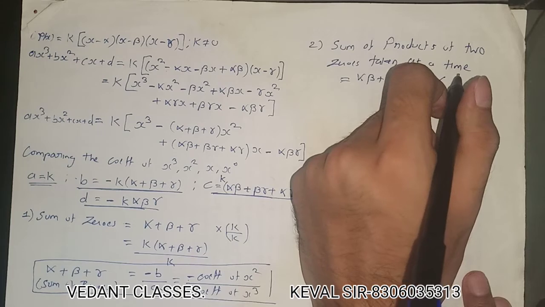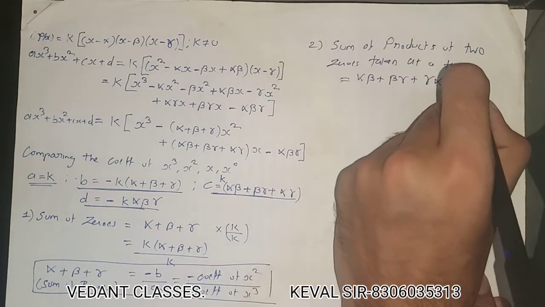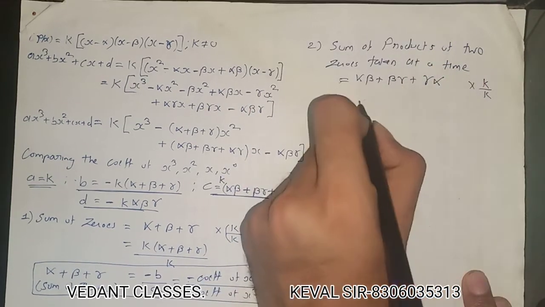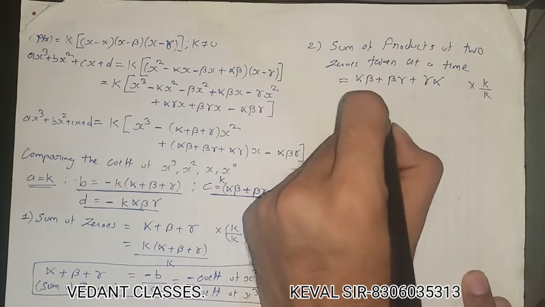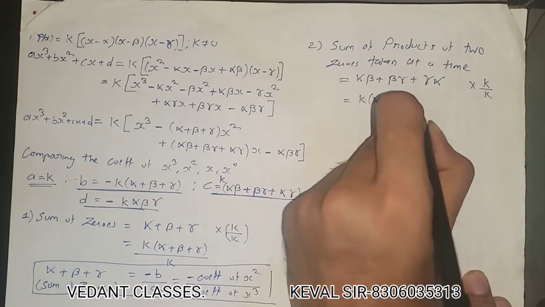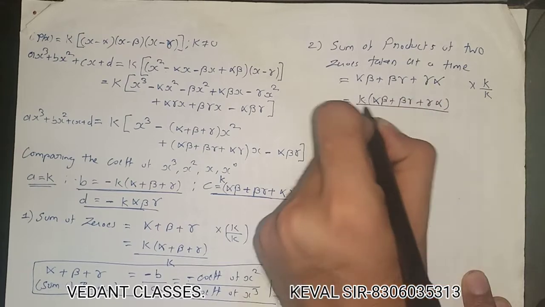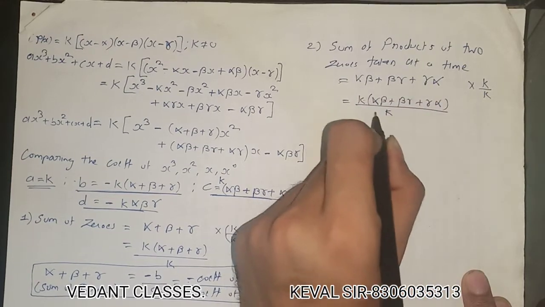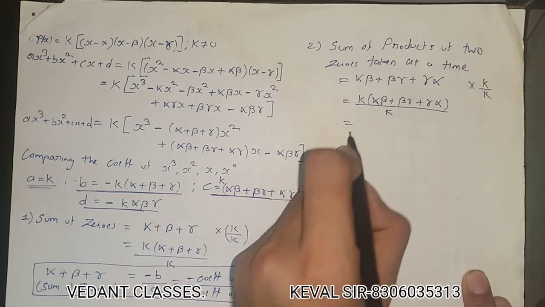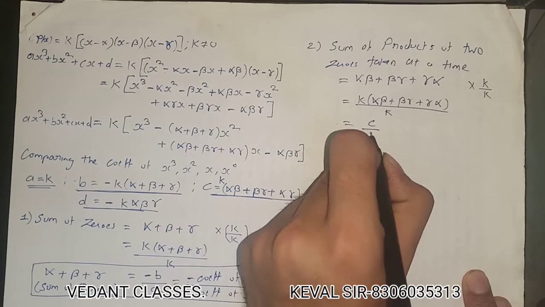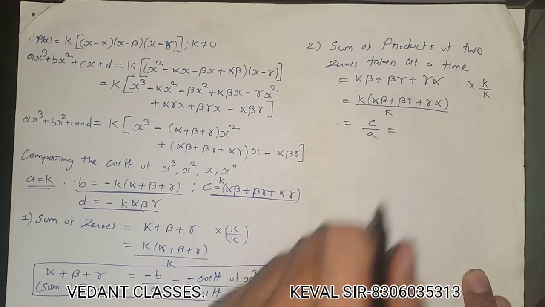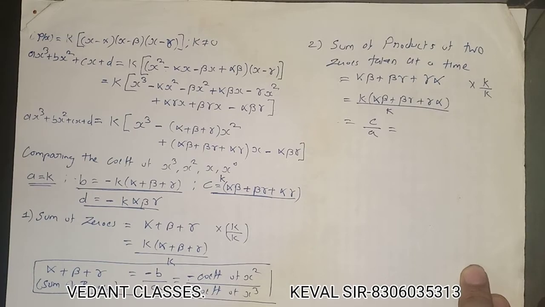What you need to do is multiply it with k again. If you multiply it with k, it will be k into alpha beta, beta gamma, gamma alpha upon k. Now this is the value of c and this is the value of a. So this will become c by a. What is c? c is the coefficient of x.